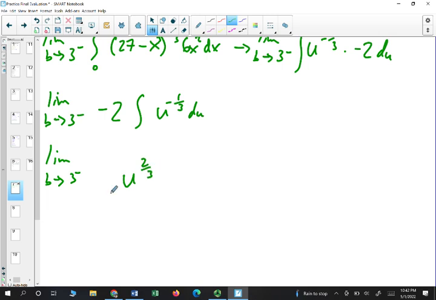U to the 2/3 we would divide by 2/3 or multiply by 3/2. Okay, so the 2's would cancel. We have a -3.